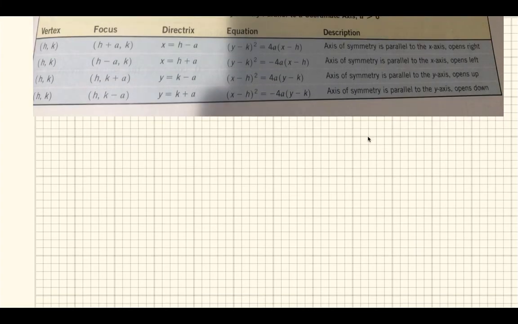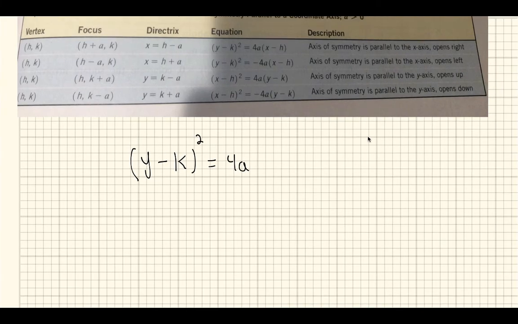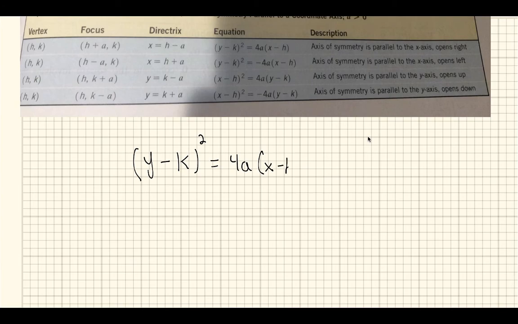Remember how typically, or I'll just write it and this will probably make sense. y minus k squared equals 4a times x minus h. You can probably guess what h and k represent in this equation since we've been doing h and k all year for circles, for parabolas, for different things. h and k are going to represent wherever the vertex is.